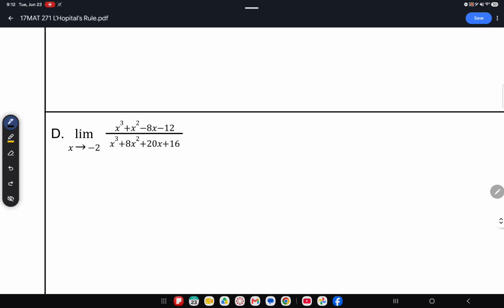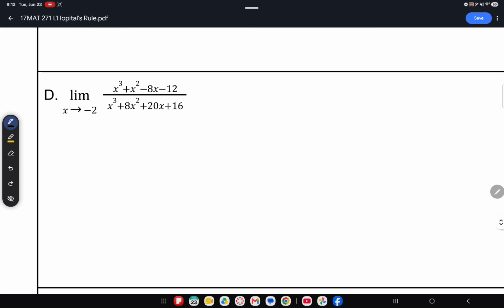So yeah, let's try with this one. So the limit as x goes to -2, and we can just keep doing derivatives. So it's going to be 3x squared plus 2x minus 8 over 3x squared plus 16x plus 20.